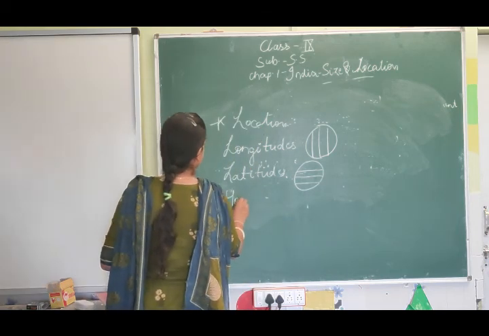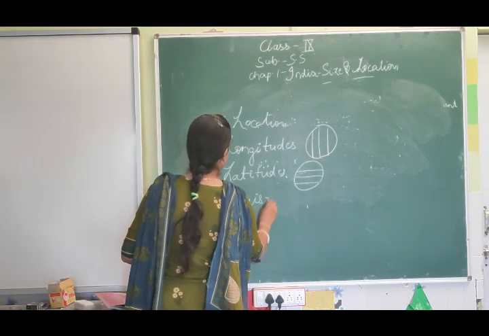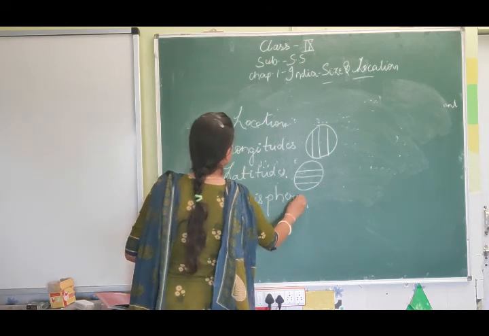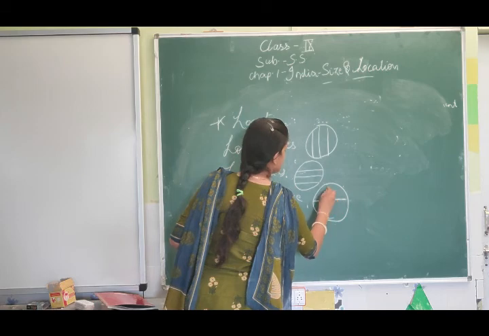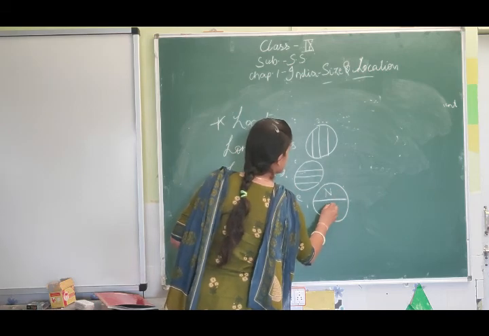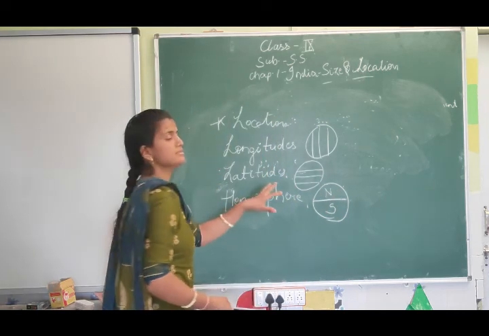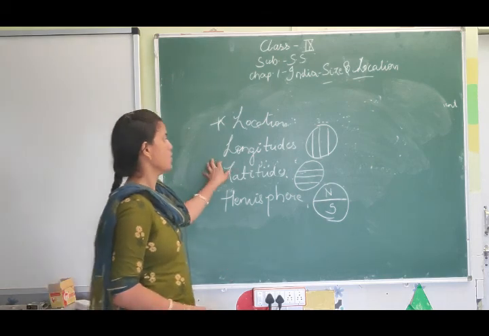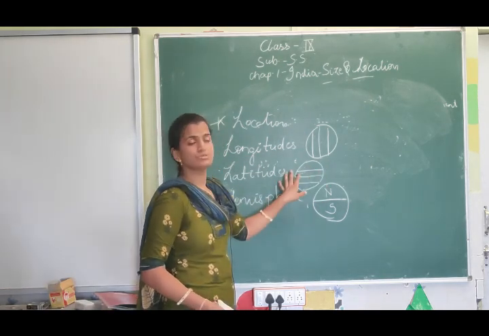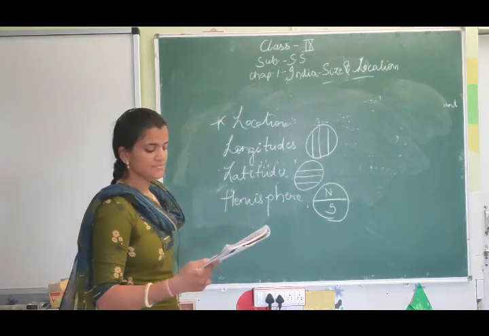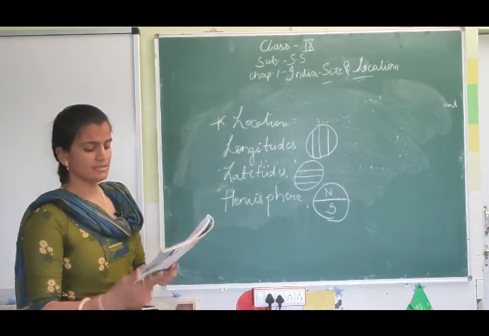And the hemisphere. Here we have a single line which divides the map into north and south directions. Longitudes move from north to south, and latitudes are from east to west. India is a vast country lying entirely in the northern hemisphere.